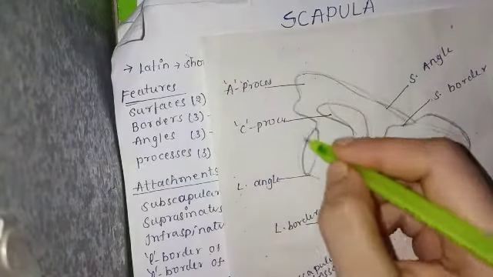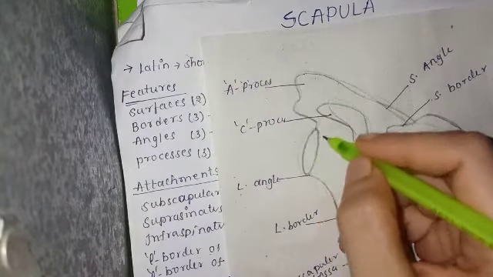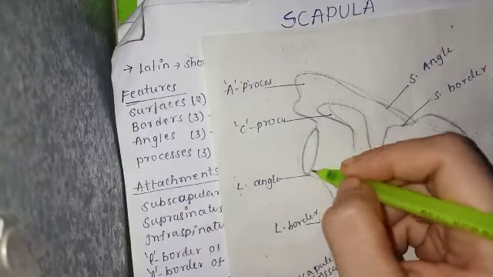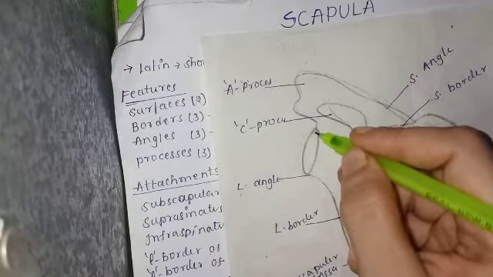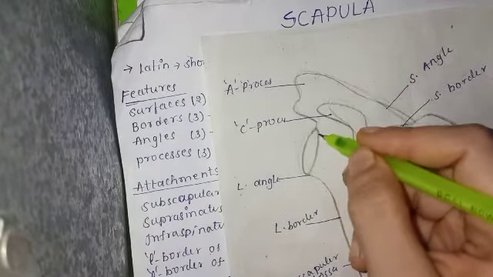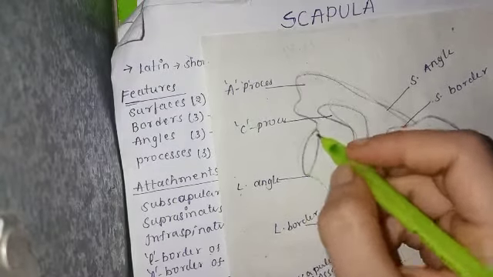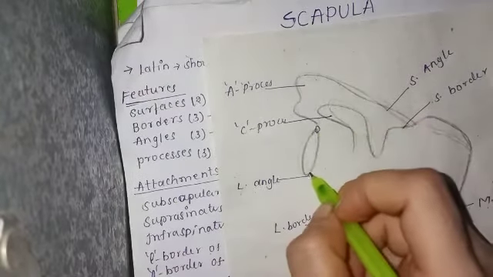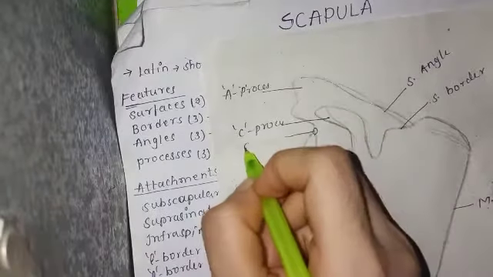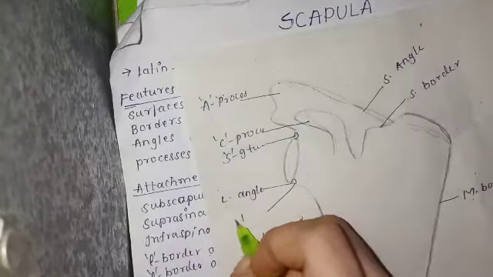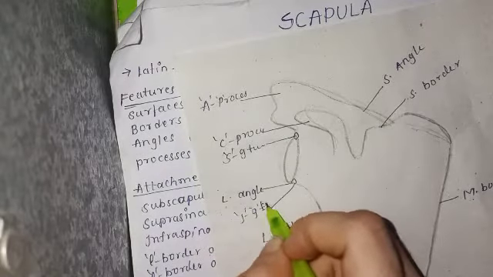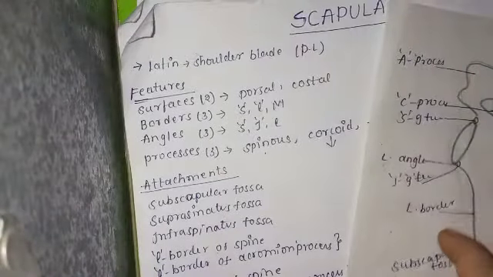At lateral angle we can see the glenoid cavity. This is the glenoid cavity where the humerus bone articulates and forms the shoulder joint. It has two tubercles, supraglenoid tubercle and infraglenoid tubercle.